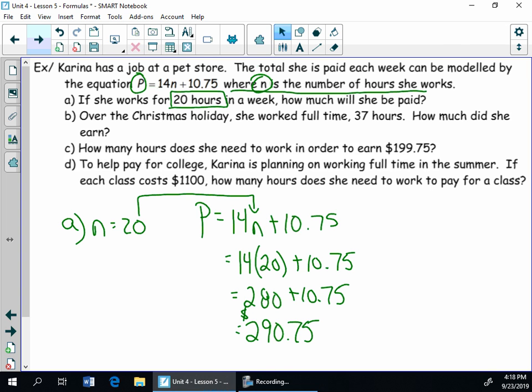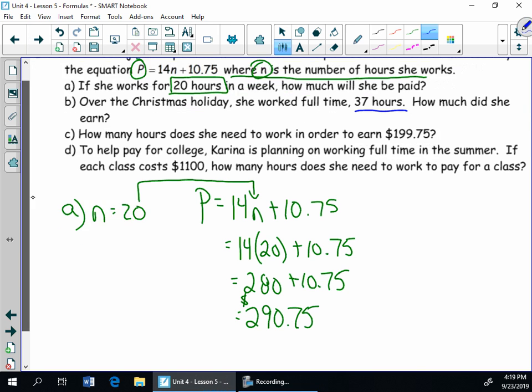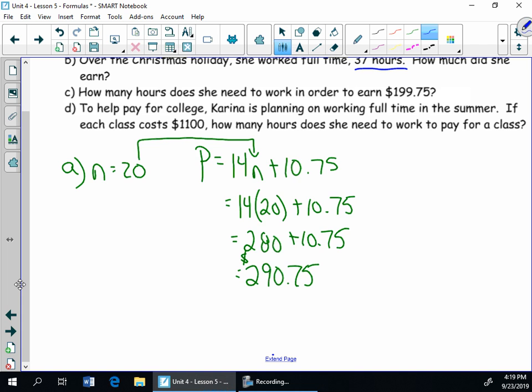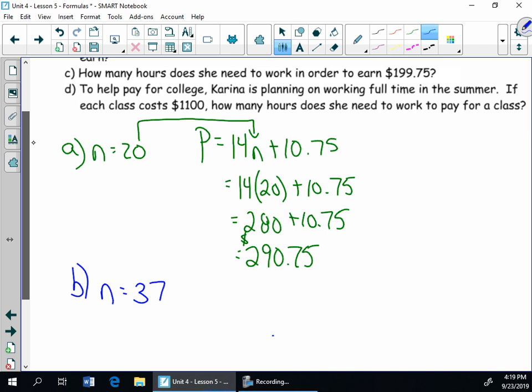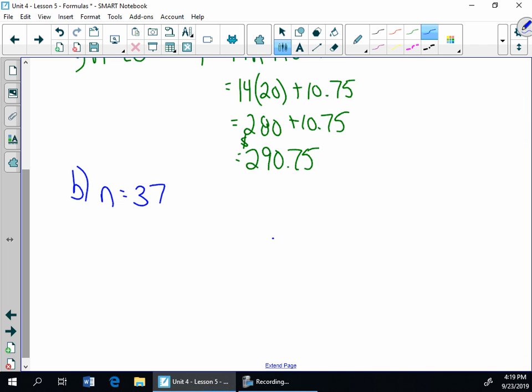In part B, she worked on the Christmas holidays full-time for 37 hours. How much would she earn? Okay, so a similar question. The only difference is this time that n, the number of hours, is 37. So my equation is still the same. 14n plus 1075.